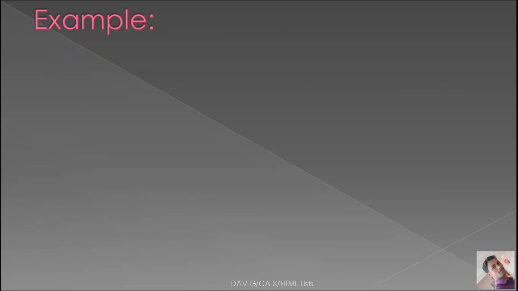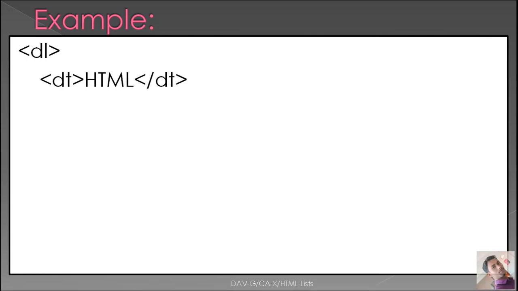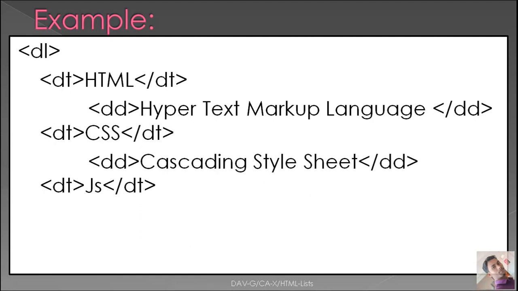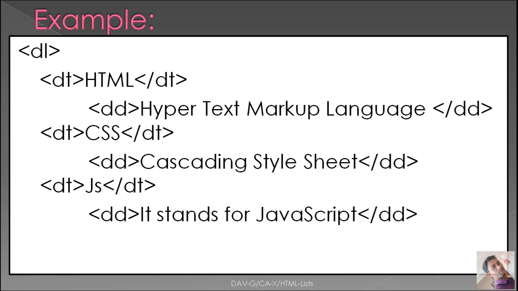So let us go with an example. It starts with the DL, DT HTML, DD hypertext markup language, DT CSS, DD cascading style sheet, DT JS, DD it stands for JavaScript, and closing of DL.